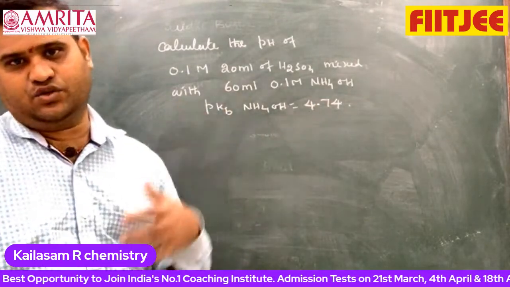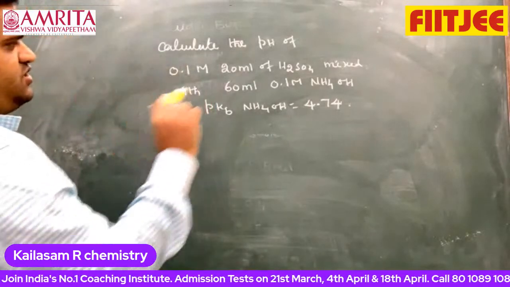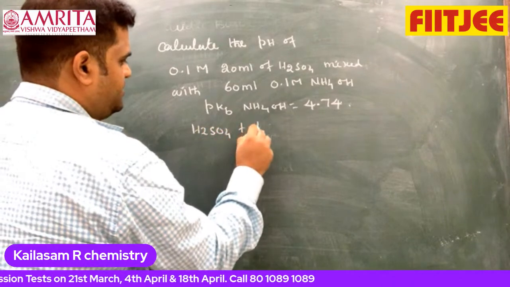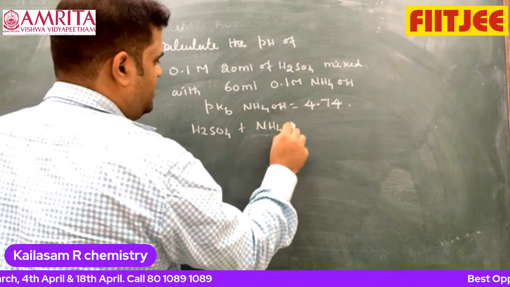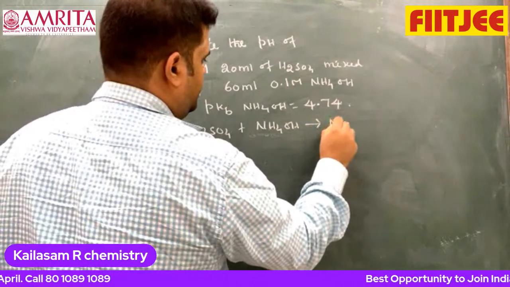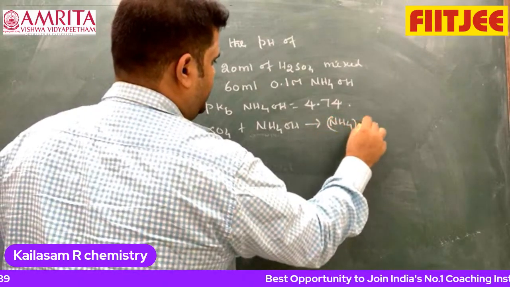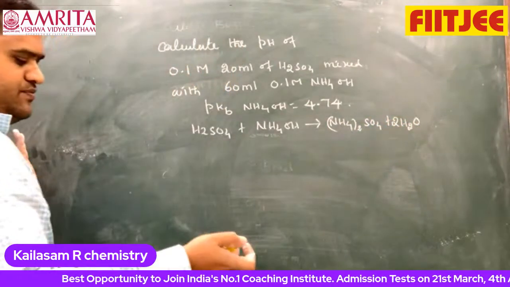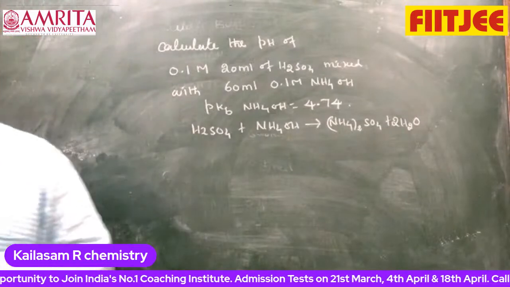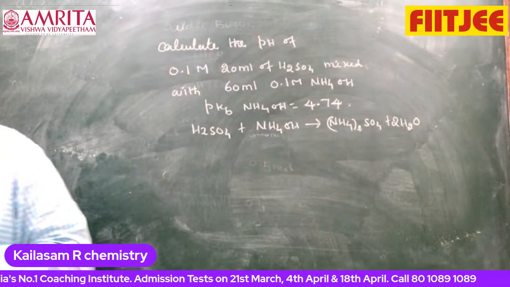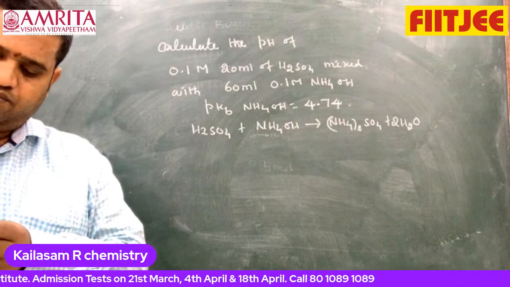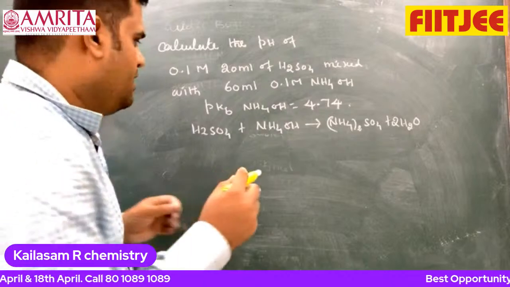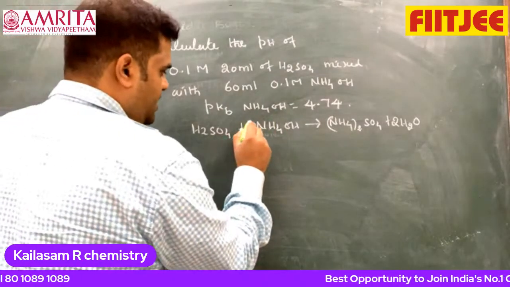So how are we going to answer this question? Look at this. First write the equation: H2SO4 plus NH4OH gives (NH4)2SO4 plus 2H2O. This is the equation, right? Now listen. If I balance the equation, I am going to get 2.